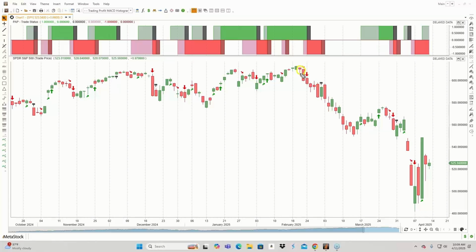On this particular day, the Bears did take control, right? We closed down off the open. While that may add a little bit of weight to the signal, it's not required. What's more important is that the Bulls weren't able to achieve a higher high from the prior day. Okay, and this is where you'll often see a shift in supply and demand.